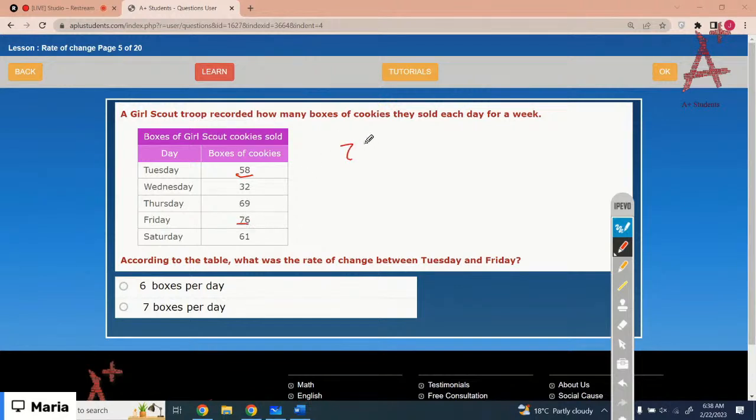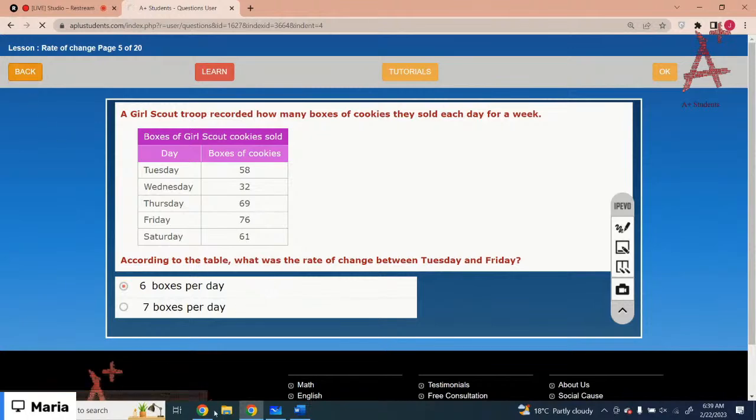Friday is the fifth day and Tuesday is the second day. So 76 minus 58 is 18 and 5 minus 2 is 3. So 18 over 3 is 6. That means it is 6 boxes per day. Got it? The correct option is 6 boxes per day.